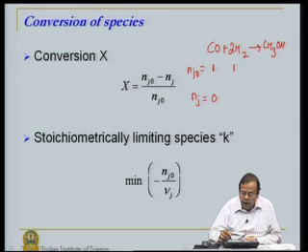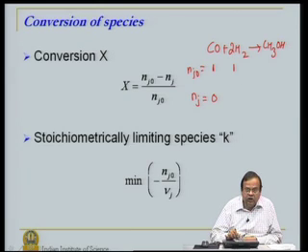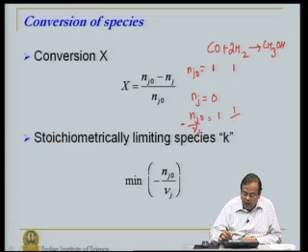How do I find out which is limiting? How did we find that hydrogen is limiting? We look at the ratio of Nj0 and nu j. For example, Nj0 by the negative of nu j for carbon monoxide would be 1, and for hydrogen it will be half. That is, 1 mole we started with and stoichiometric coefficient 2, and we look for the minimum of these ratios, 1 and half.